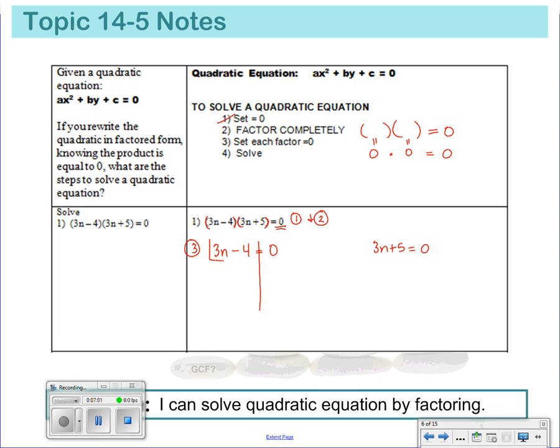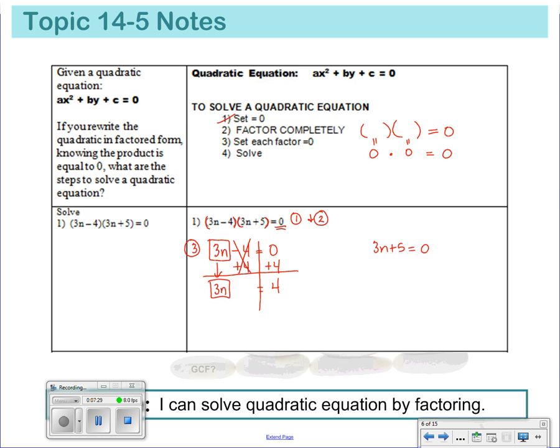We're going to box in our variable along with the coefficient that's with it, the 3n. I need to get rid of the minus 4, so we do the opposite of minus, which is add. We add 4, and what I do to one side, I also do to the other. What's in the box drops down. I still have 3n inside the box. Negative 4 plus 4 equals 0, and 0 plus 4 gives me a positive 4.